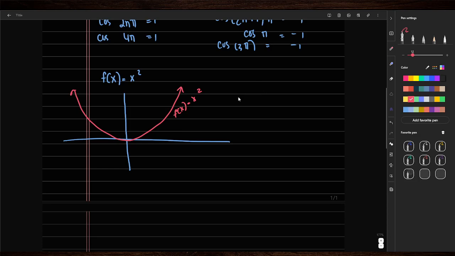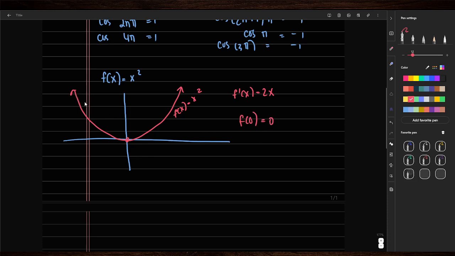If we derive this one, that is f prime of x equals 2x. However, our minimum value is at f of 0, which becomes 0.